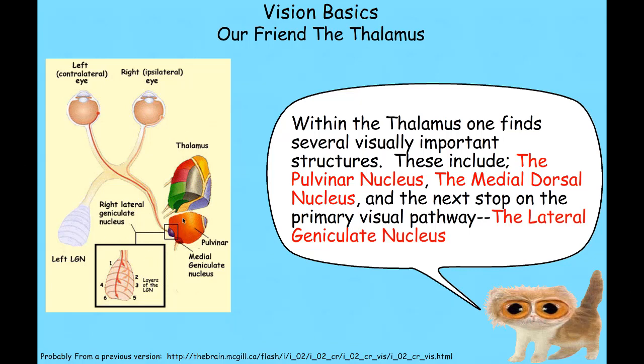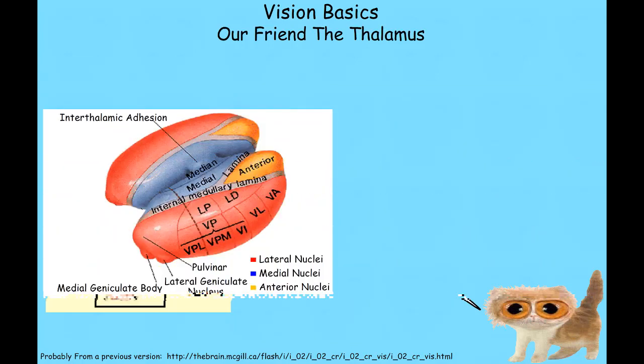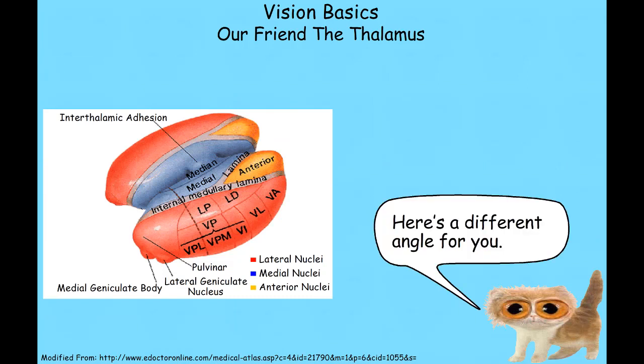And so, as you can see, the lateral geniculate nucleus is a relatively small part of the thalamus. Here's another orientation of it so that you get a different sense of it. So these are the two different thalamic structures.